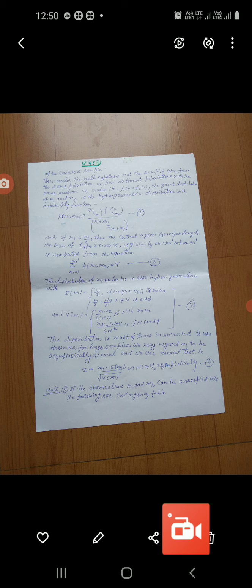And variance of m1 is equal to n1 n2 upon 4(capital N minus 1) if capital N is even, and variance of m1 is equal to n1 n2 (capital N plus 1) upon 4N square if capital N is odd.